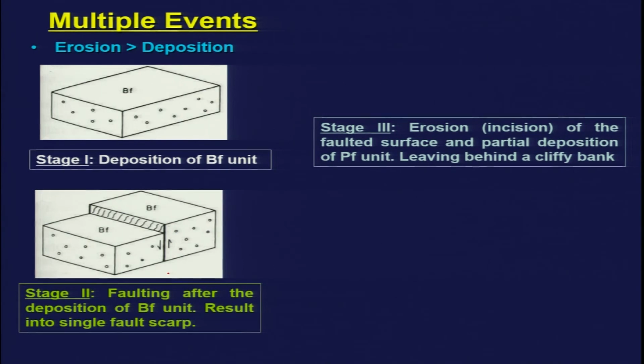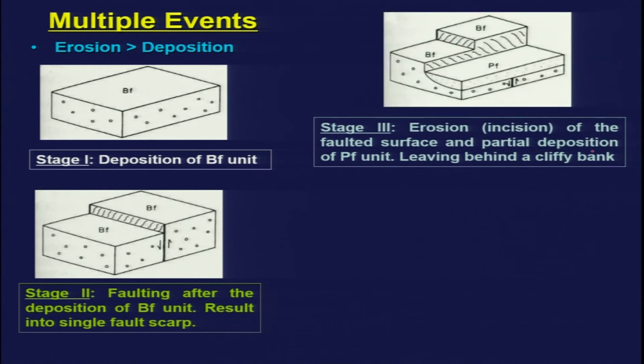Event 1 has displaced the BF, resulting in the formation of a scarp. Then comes the erosion of the faulted surface and partial deposition of the PF unit, leaving behind a cliffy bank. What we see here is this part which existed because of the displacement, and this whole portion was eroded, and then partially covered because of the deposition here, leaving behind this cliffy bank.